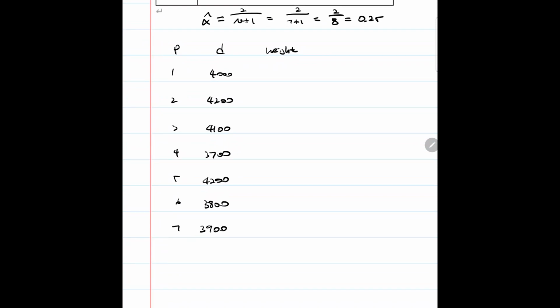So as we did before, we're going to go backward. It's going to be 0.25 and 1 minus 0.25 times 1.